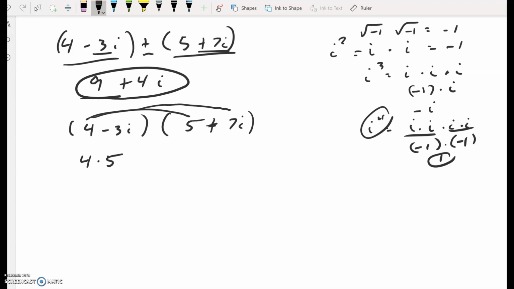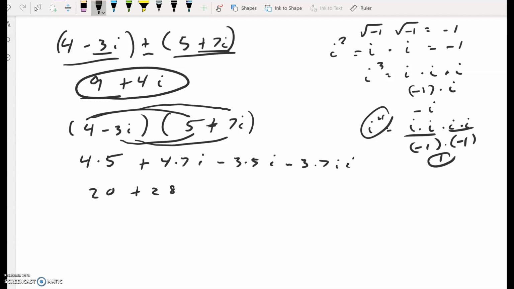This times this will give you 4 times 7 times i, this times this will give you minus 3 times 5 times i, and this times this will give you minus 3 times 7 times i times i. So this is 20, this is 28 i's, this is minus 15 i's, and this is minus 21 i squared.